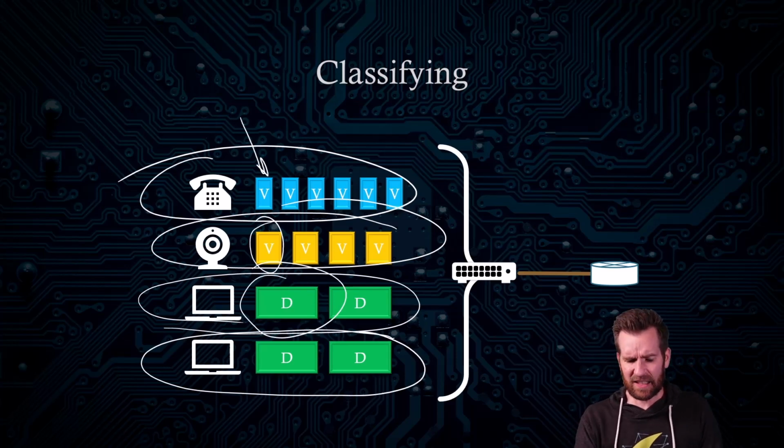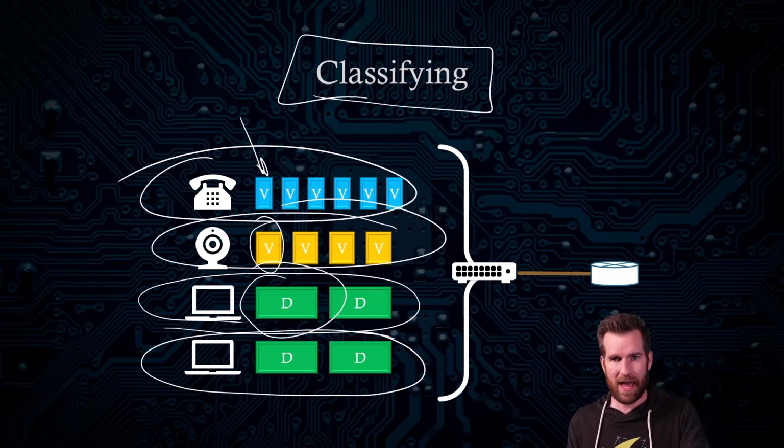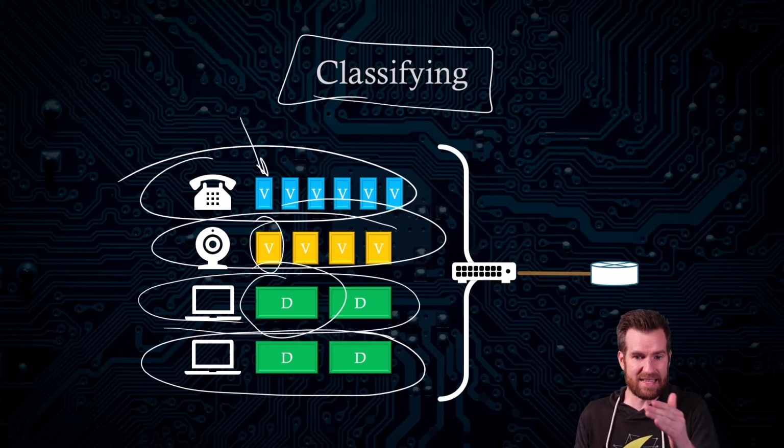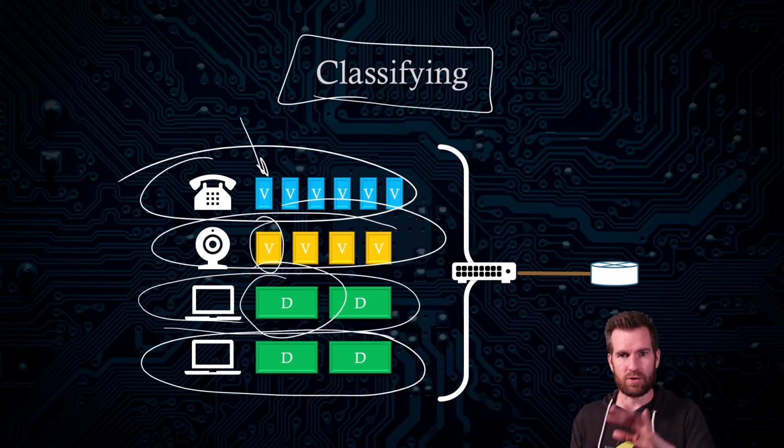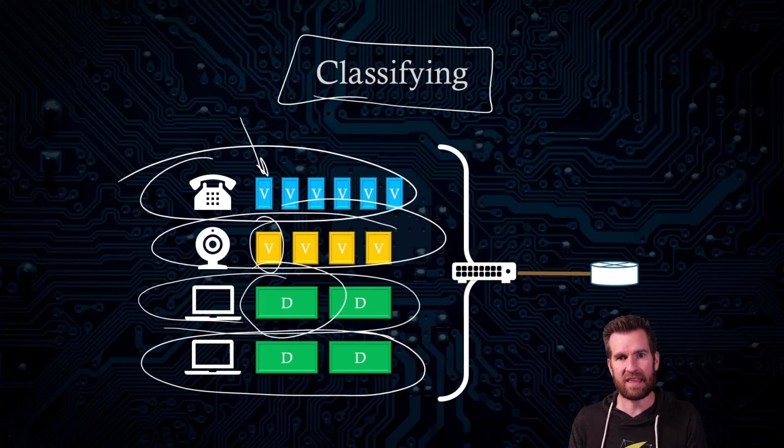So what classifying is trying to do is take that data, those voice packets, those video packets, whatever it needs to be, and get them into categories or classes. We need to somehow classify that data.